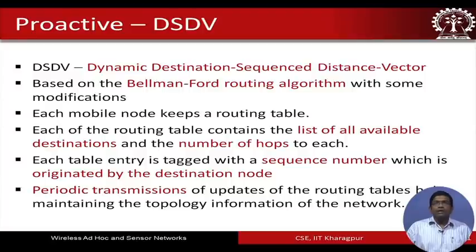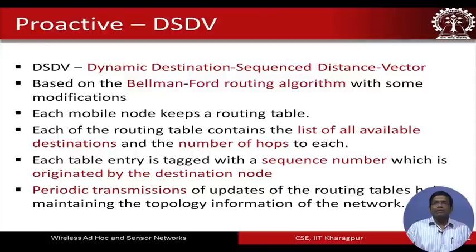Each of the routing tables at the different nodes contains the list of available destinations and the number of hops required to go to that particular destination, that is, for a packet going to a destination through the different possible intermediate nodes, how many hops are going to be taken. Each table entry is tagged with something called a sequence number. We will go through what is meant by this sequence number later on.